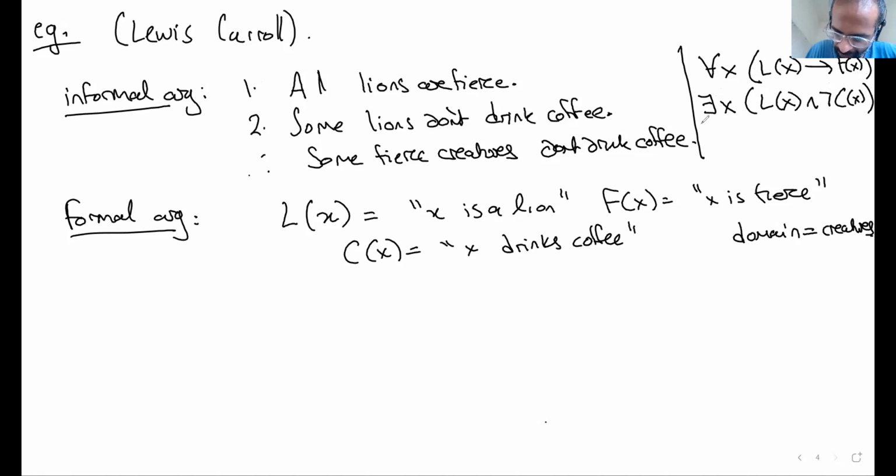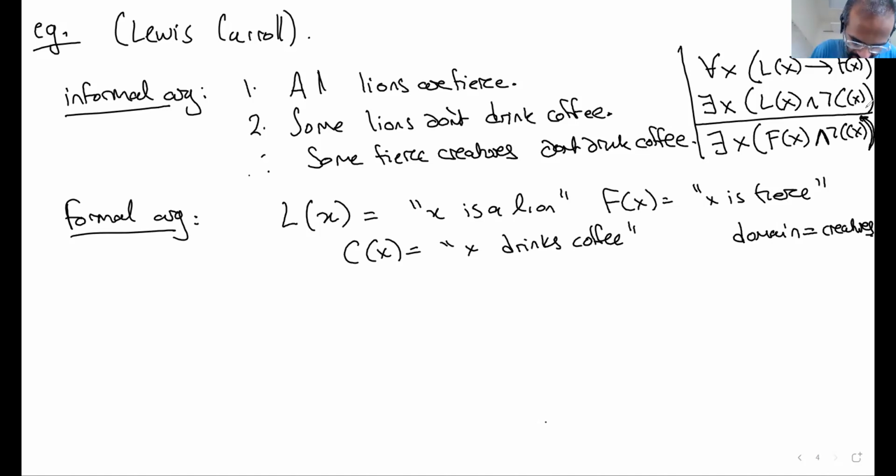And then the goal, the third statement, is there is x such that x is fierce and x does not drink coffee, that is, not C of x. So we want to conclude the third from the first two, but how do we do that, right? The argument seems to make sense, but let's do it formally. So again, I'll take one extra minute. I'll write down all the steps in this formal argument.